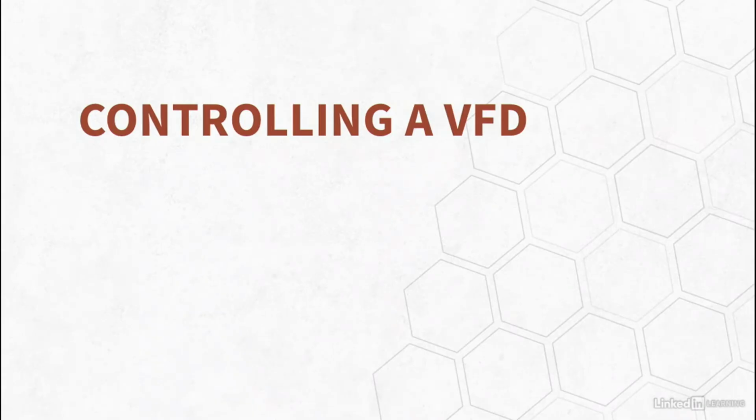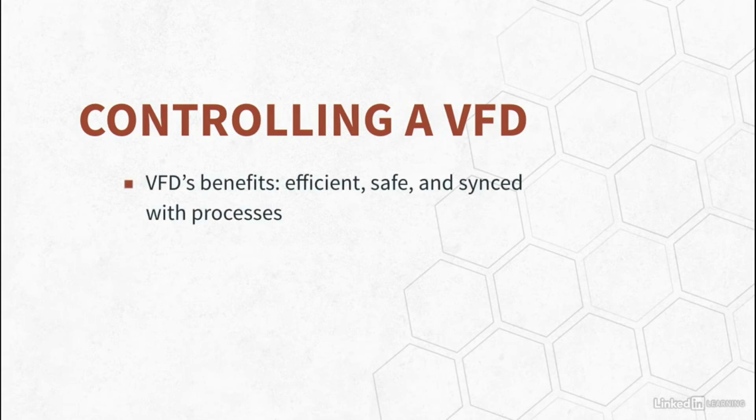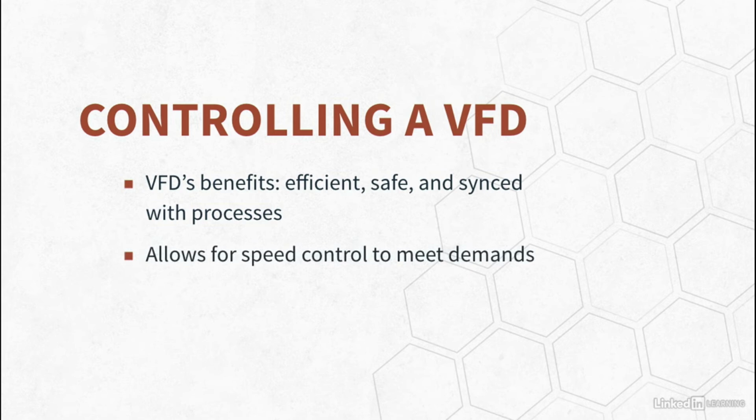One of the key benefits of using a VFD is creating a process that is efficient, safe, and in step with other processes. Having the ability to not only control the speed of a motor, but having the speed adjust to meet the demands of the user make a VFD an extremely useful component in an electrical system.